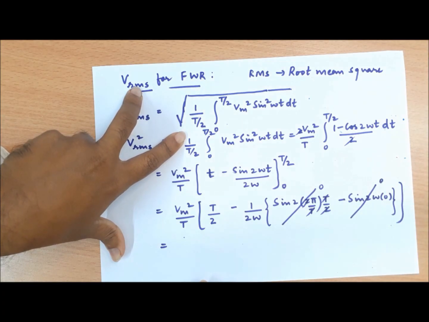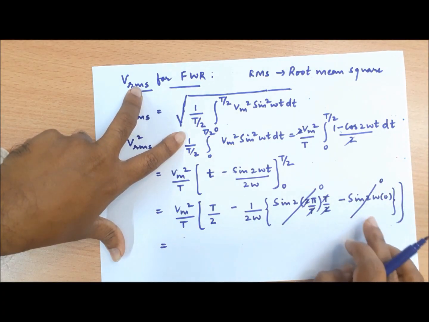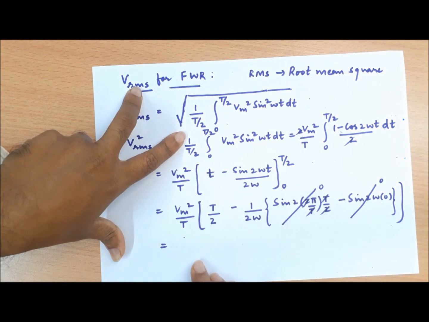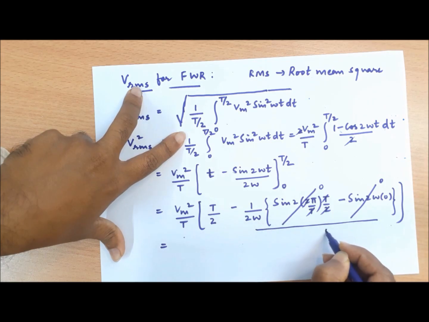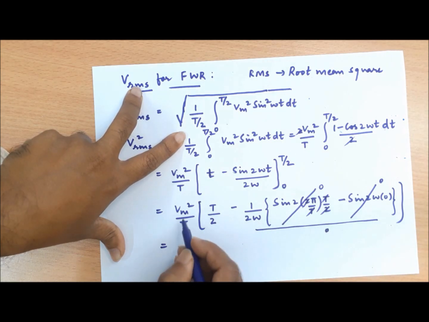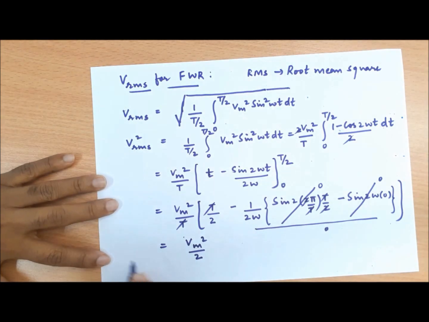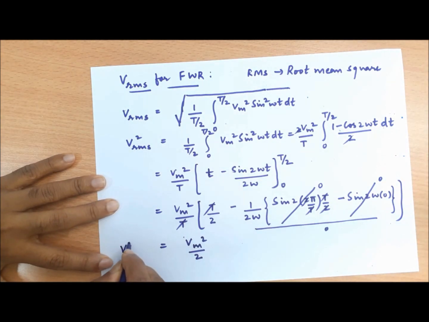Similar to the case of a half wave rectifier, these two terms get cancelled because they are equal to 0, so the entire term becomes 0. So what are we left with? Here again T gets cancelled, so I am left with Vm square upon 2. Now this is V square RMS.